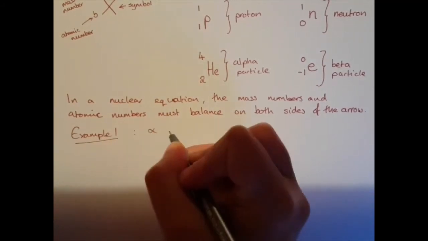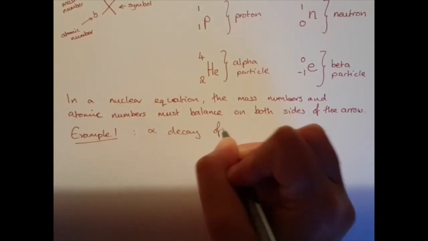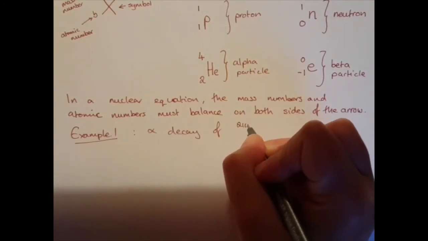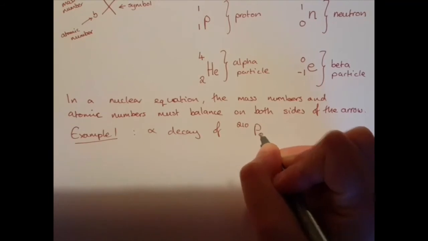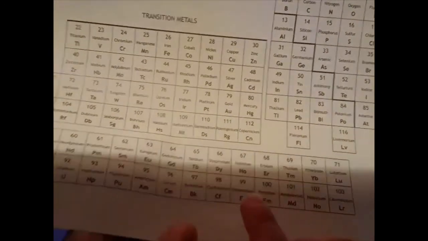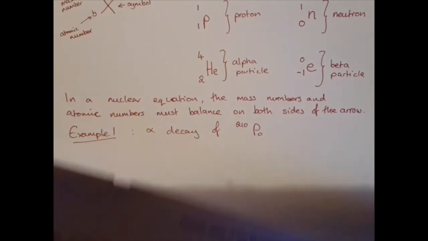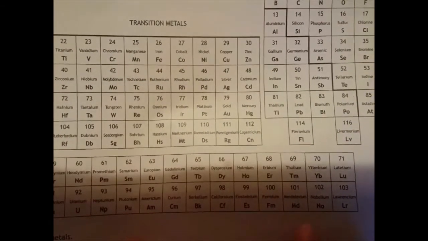The first example we're going to look at is the alpha decay of polonium-210. So 210 Po, and then the atomic number for polonium we can find on the periodic table, 94. Oh, hold on, that's plutonium, not polonium.